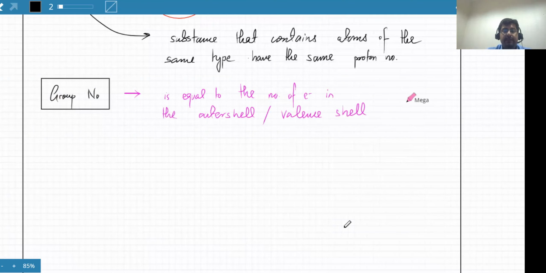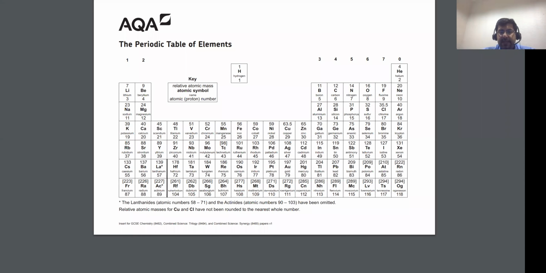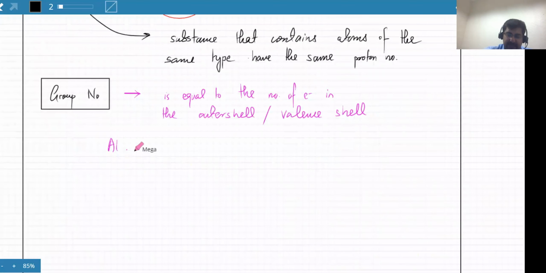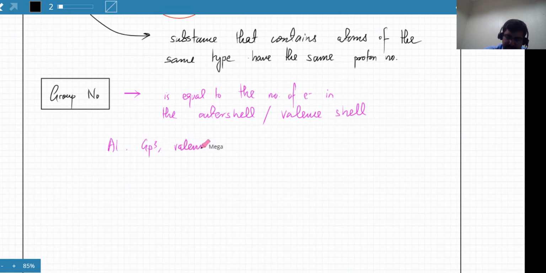So you will get a very vital piece of information by just looking at the group number. You don't have to draw the atom always. For example, aluminium. If you look at aluminium, you just need to open the periodic table and you can see that aluminium is in group three. It's in the third group. So that directly indicates that aluminium has three valence electrons, three electrons in its outer shell.